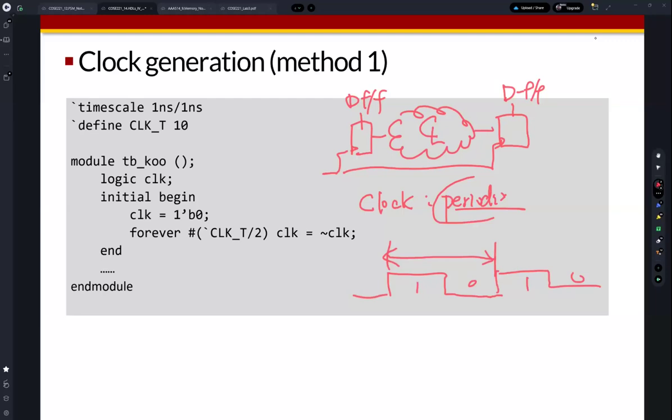So this is the clock period, right? So we normally use symbol T for representing clock period.